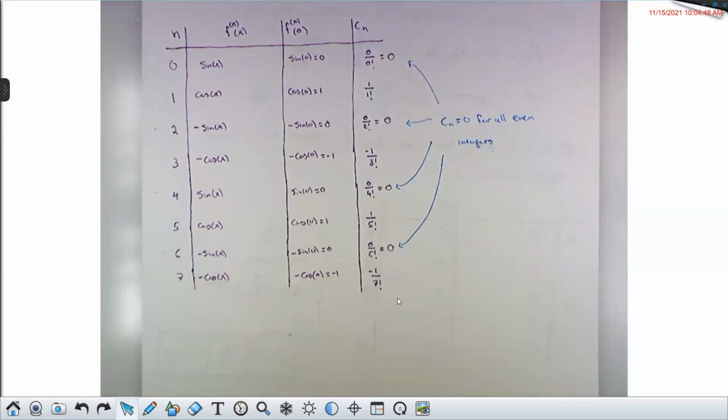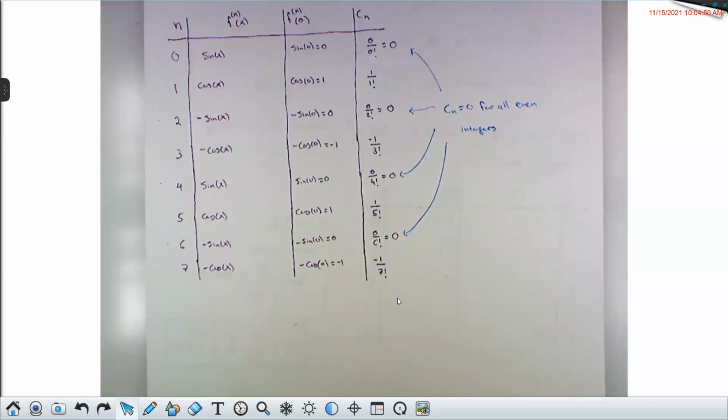I think the simplest way to take this table and discover the power series for sine is to just write out what the table tells us.